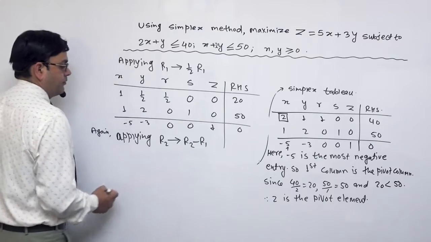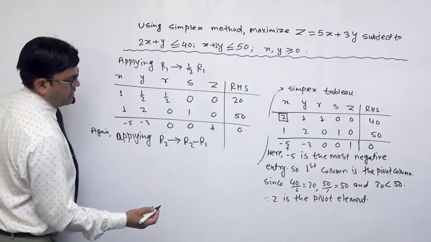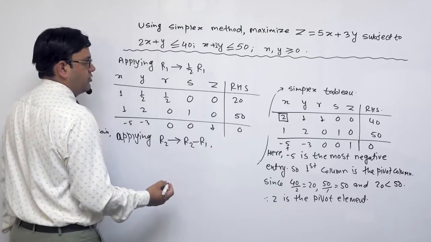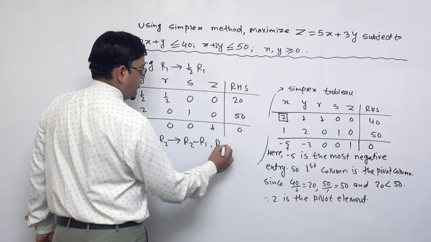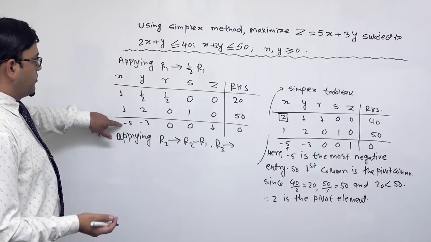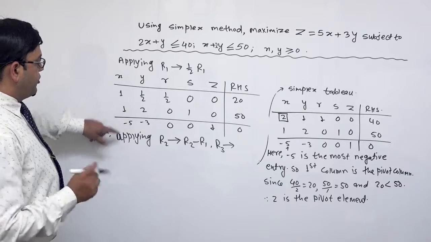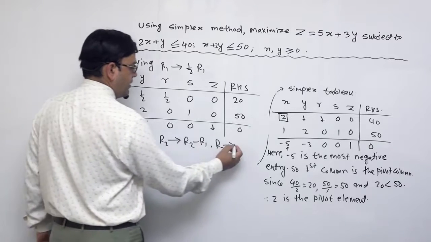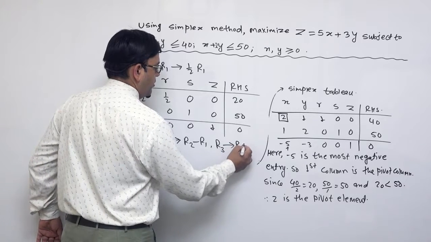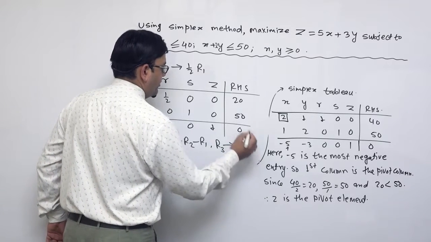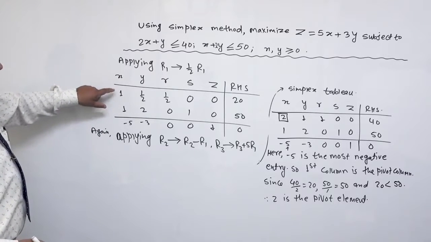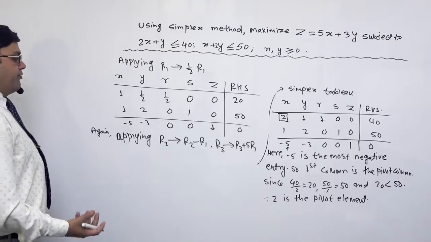Similarly, R3 changes into, this minus 5 we also have to make 0. Therefore if we do R3 plus 5 R1, see what happens. R3 means minus 5 plus 5 times 1 is plus 5. So minus 5 plus 5 will be 0.